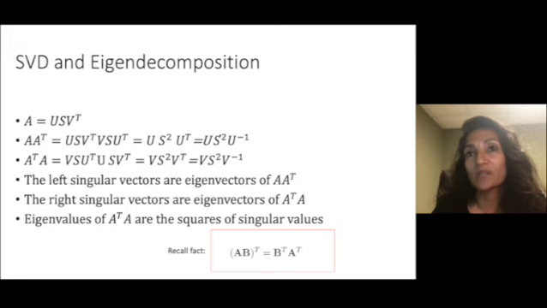But U transpose is also equal to its inverse. So we get an expression that looks remarkably like an eigendecomposition. And in fact, it is. In fact, the left singular vectors of A are eigenvectors of AA transpose. And the right singular vectors are eigenvectors of A transpose A. And the eigenvalues are the squares of the singular values.